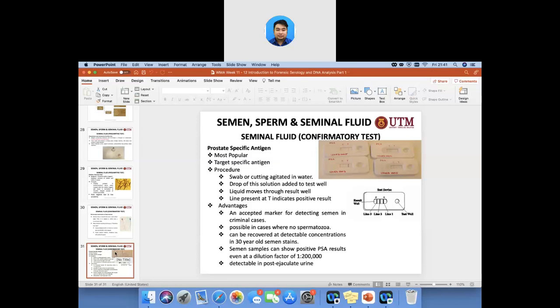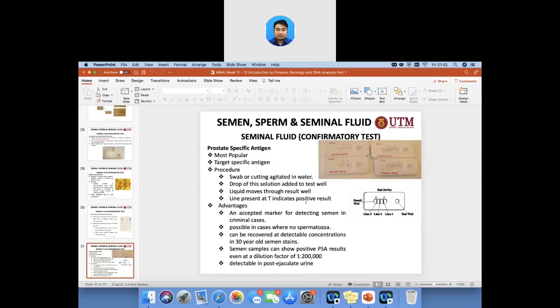You would drop the solution into the test well. I think this is the usual kit. Even though it's a COVID kit, it is the same, we put it here. So the liquid will move along the slide, and then we would see the results.